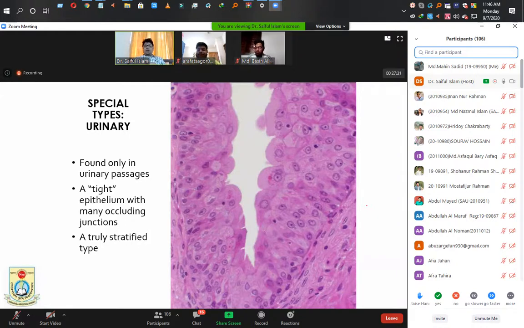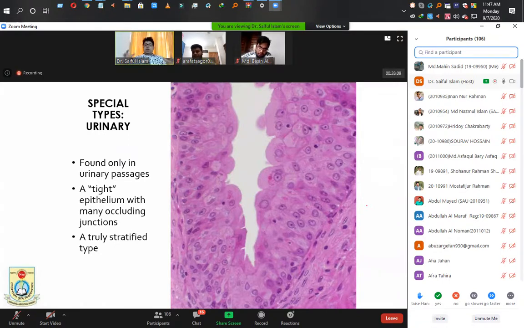Why is it called this? Think of the bladder, which will be easy to understand. When urine is deposited in the bladder, ultimately it will be full, so it needs more space.